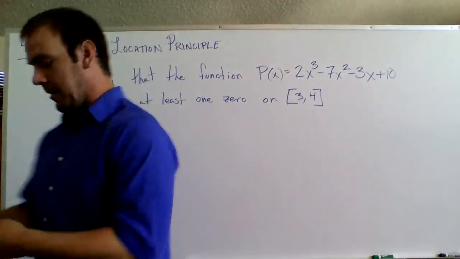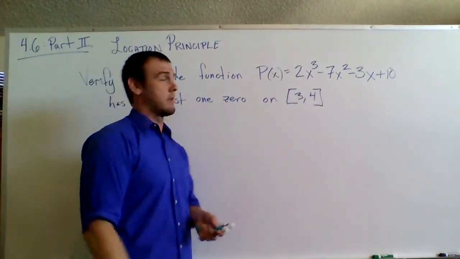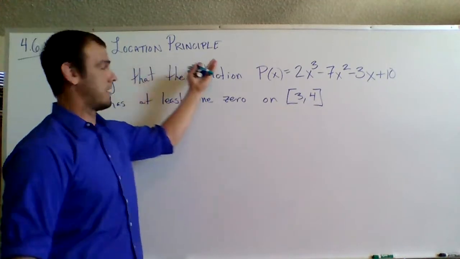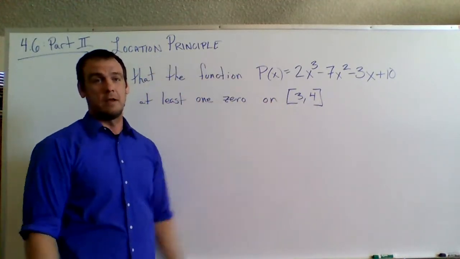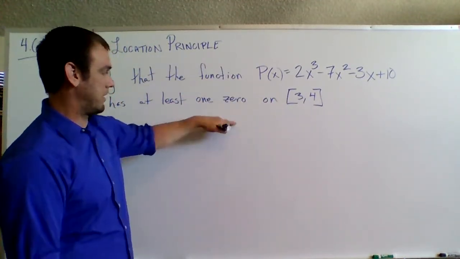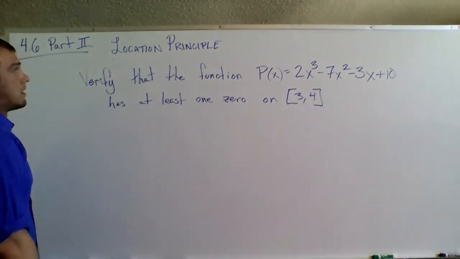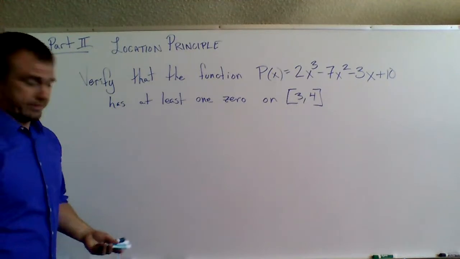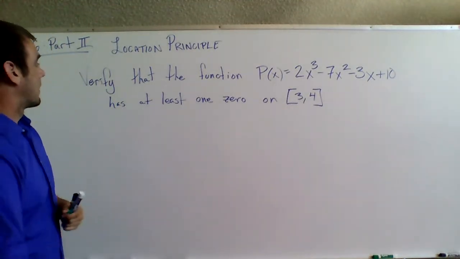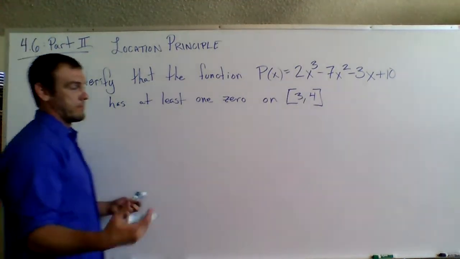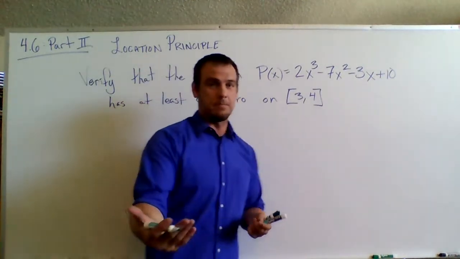So guys, just like when we're doing our IVT, the location principle is basically the same thing as IVT. You can't go from point A to point B without crossing all of those y values in between. So we're going to have to do a hypothesis statement, very similar to IVT.